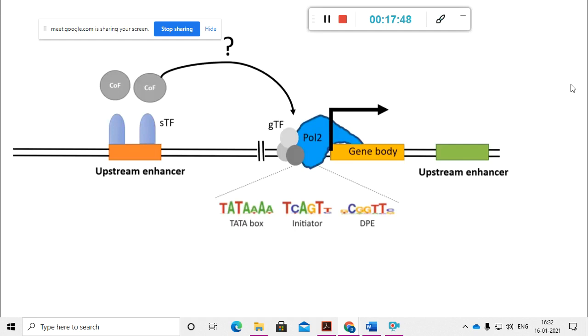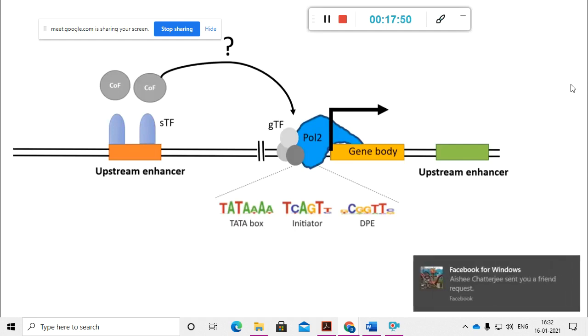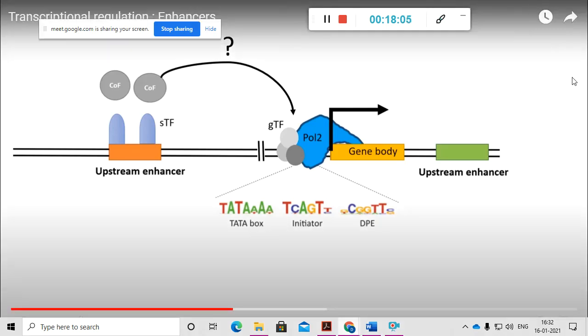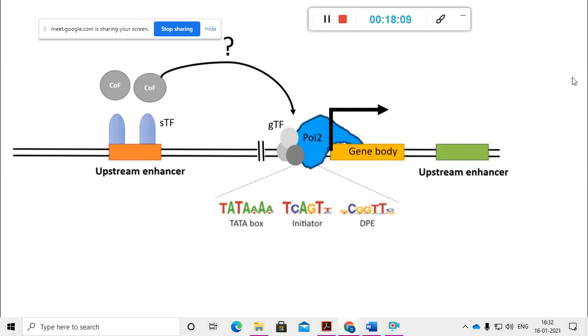Actually, the general transcription factors of the TFIID family bind to the promoter, the minimal promoter, and recruit Pol2 to that promoter. Now upstream enhancer elements bind to specialized transcription factors. Specialized transcription factors can interact with cofactors.